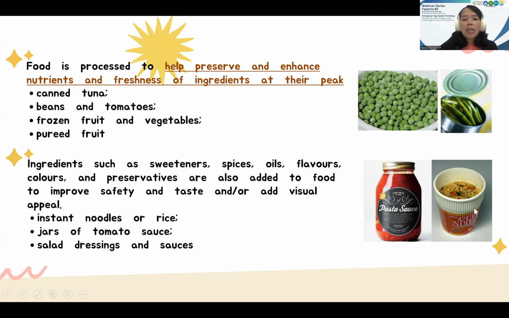In instant noodles or rice, we add some spice or some flavors or some preservative to improve the safety, to keep it longer, to store it. And when we keep tomato sauce in the jar, we also add some preservative. When we prepare salad dressing, the sauce is the same thing.